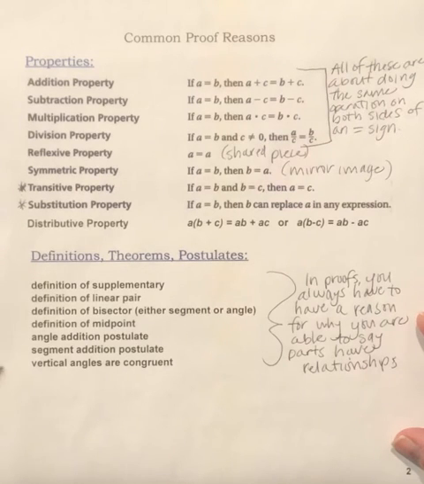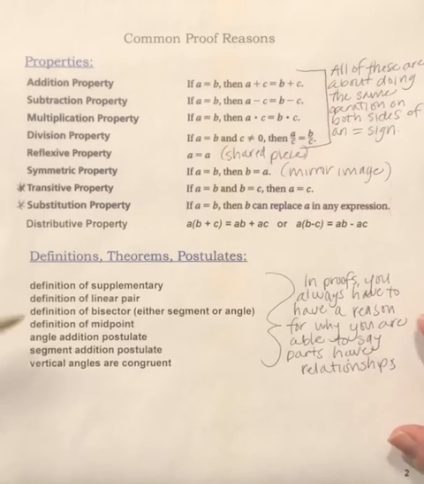A lot of the definitions that we're going to be using are the definition of supplementary angles and the definition of a linear pair, depending on what you're given, because we know that relationship establishes that 2 things put together are equal to 180. Sometimes that's the only starting point you have, so you need to use it.